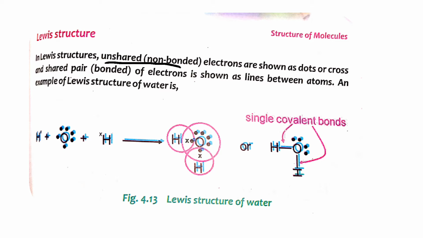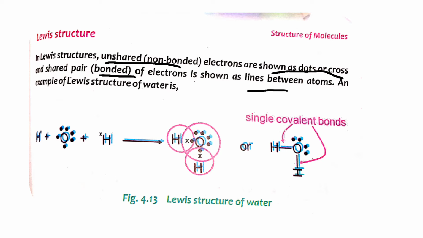They are shown as dots or crosses. You can show them as a dot or as a cross. And the shared pair of electrons, the bonded electrons which take part in bond formation, are shown as lines between them. An example, look here, the Lewis structure of water.